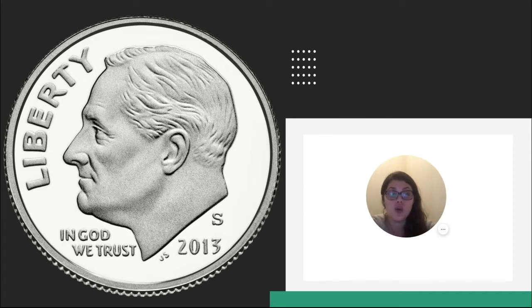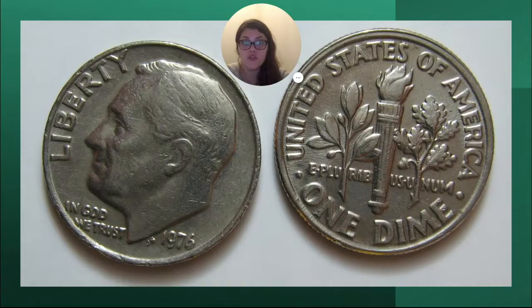There are also other really important key features and characteristics that we can look at on a dime that help us recognize that it is the 10-cent coin. Friends, just like any coin, the dime has two faces: the heads up side, the front face, and the tail side, the back face.